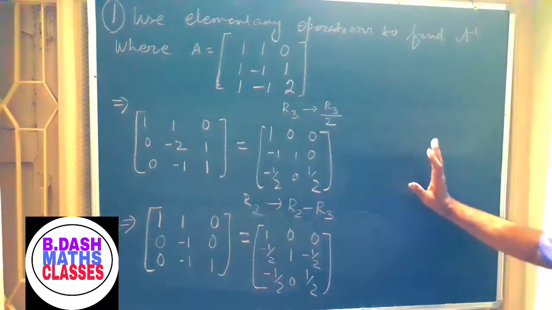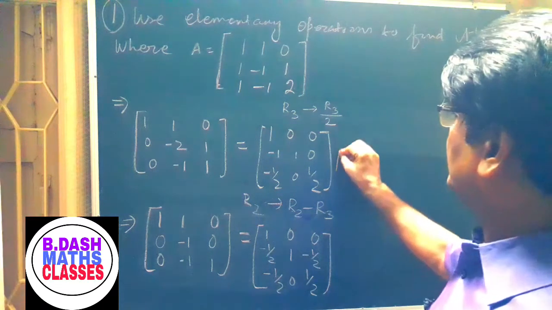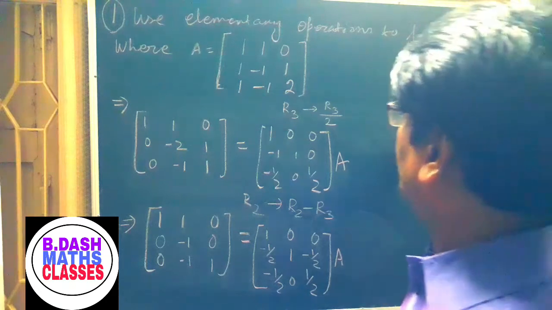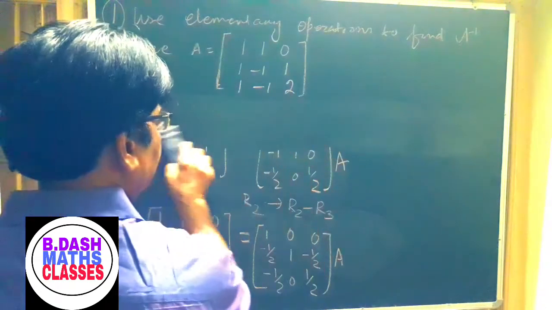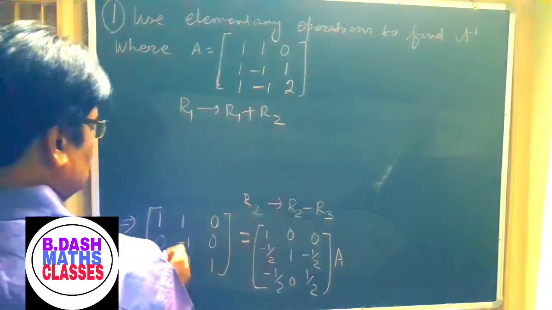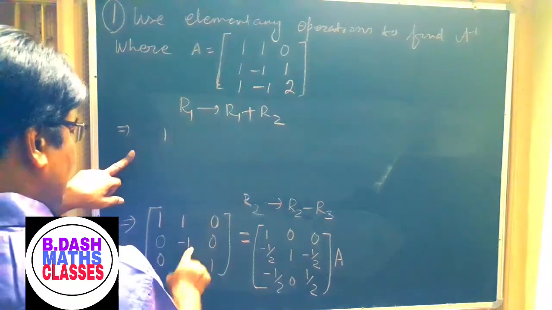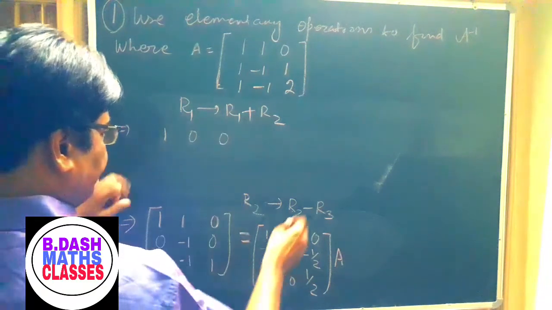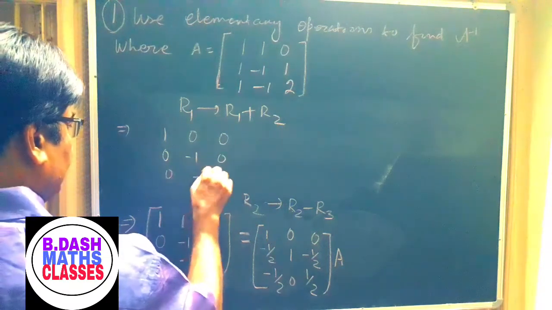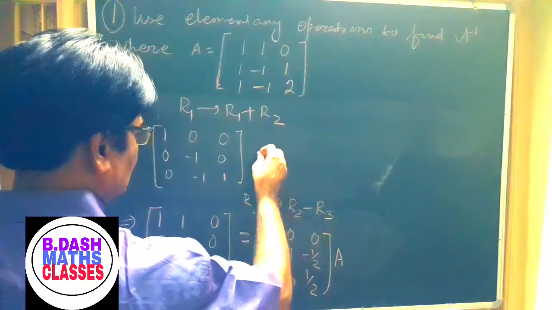Now let us replace row 1 by row 1 plus row 2. So this gives us 1 plus 0, 1, 1 minus 1, 0, 0, 0. The second row and third row will remain as such, there will be no change, because here row 1 is replaced by row 1 plus row 2.